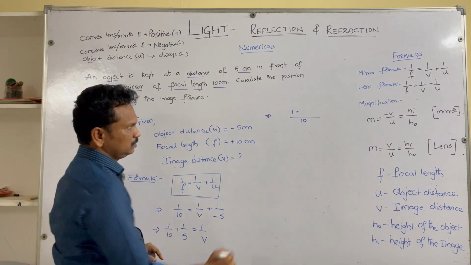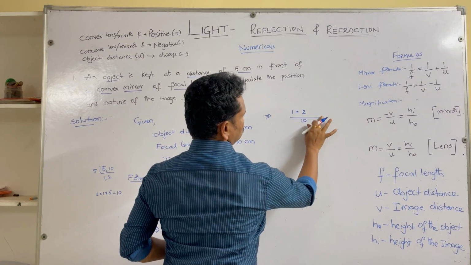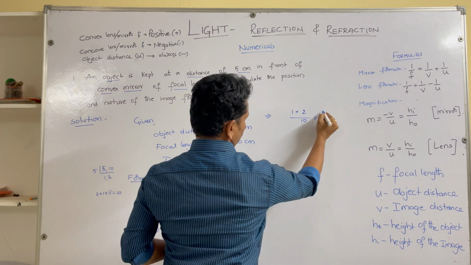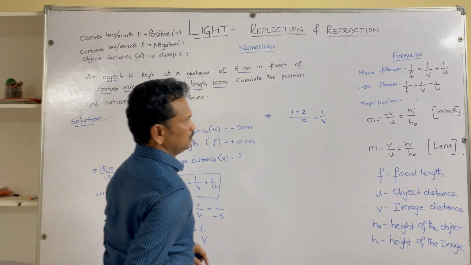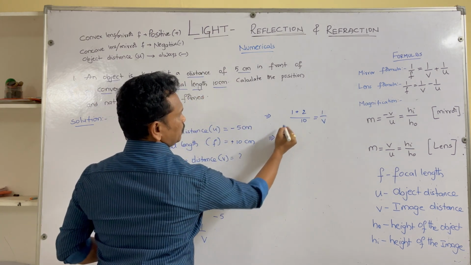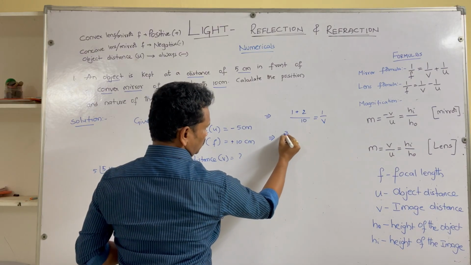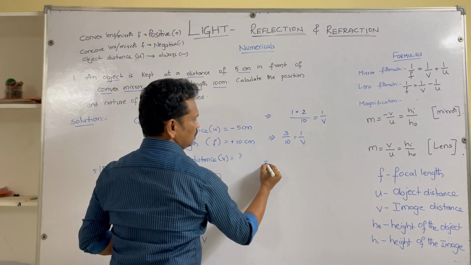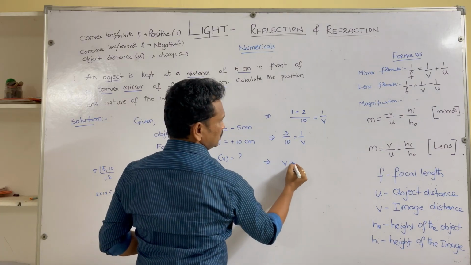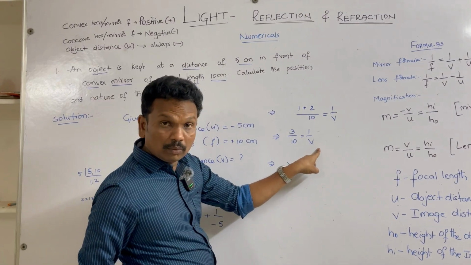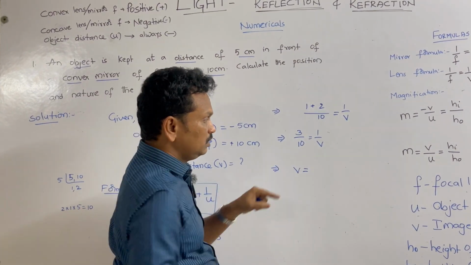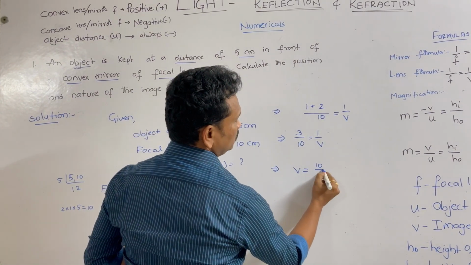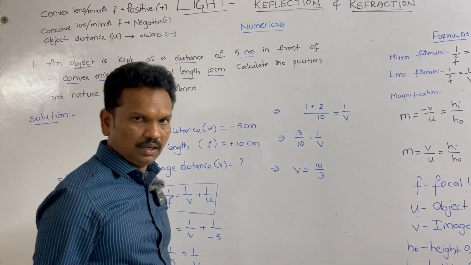2 into 1, 2, is equal to 1 by v, which is equal to 1 plus 2, 3 by 10, is equal to 1 by v. Therefore, 1 by v is equal to 3 by 10. Then v equal to reciprocal is 10 by 3.